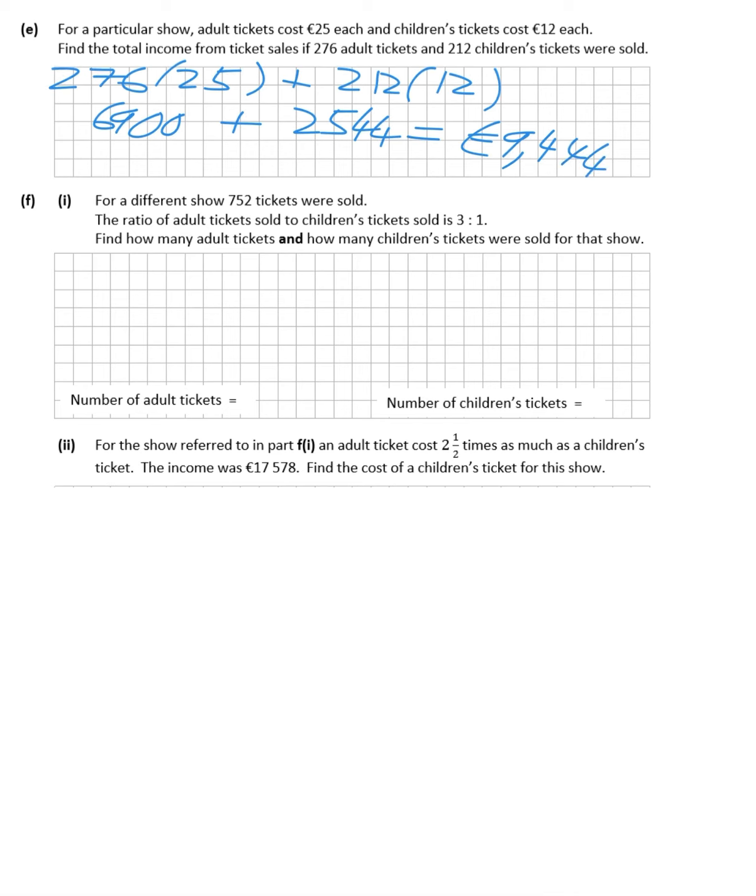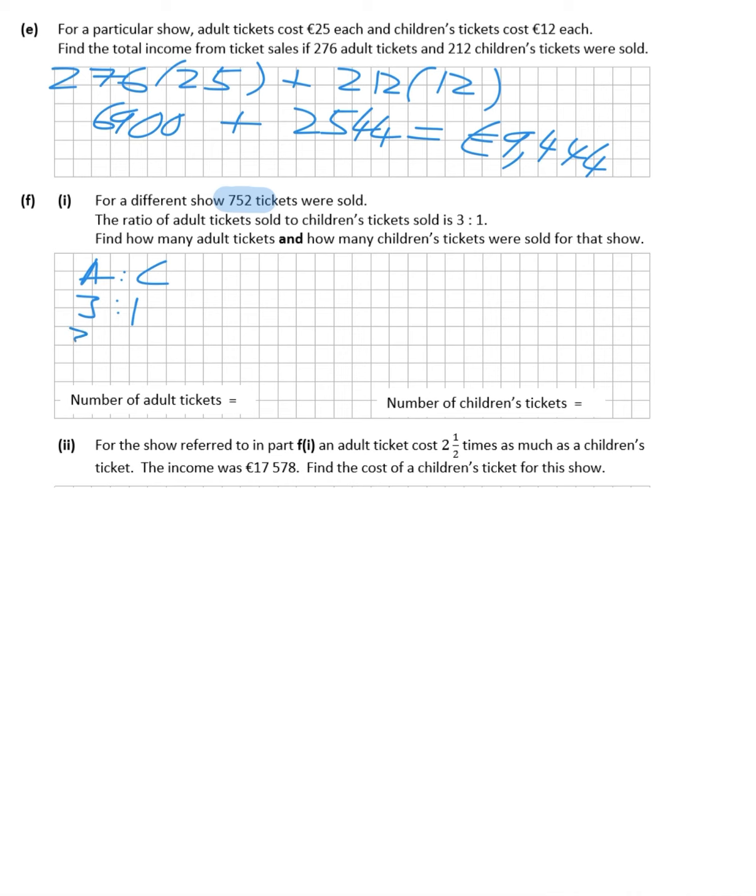F part 1 then, we're told for a different show, 752 tickets were sold. The ratio of adult tickets sold to children's tickets was 3:1, and we need to find how many adult tickets and how many children's tickets were sold for that show. Okay, so ratio and proportion question. So we have 752 as our total. Our ratio of adults to children is 3:1.